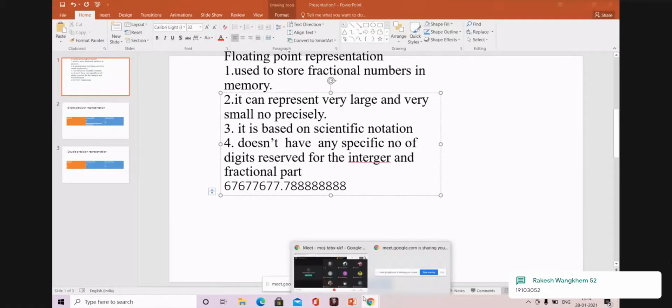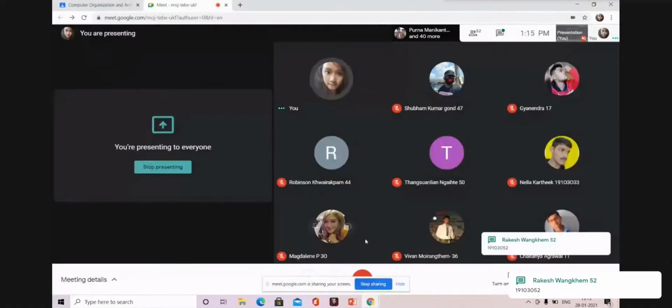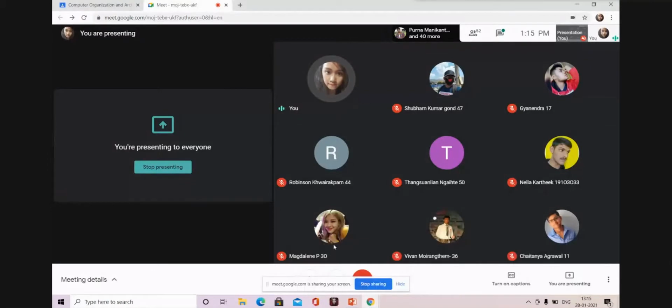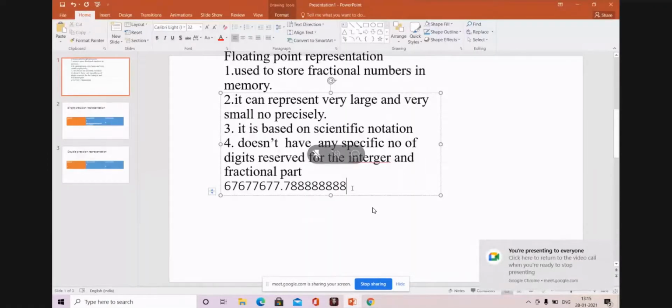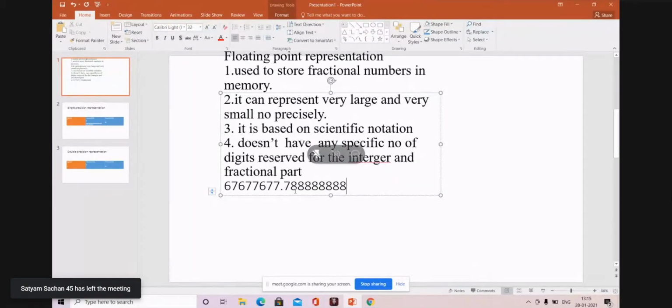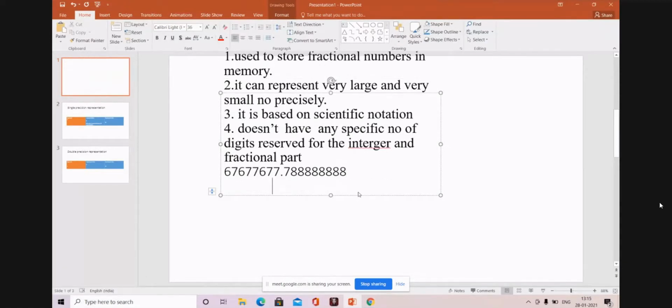It does not reserve a specific number of digits for the integer part as well as for the fractional part. If it is a fixed point, by the name itself you can have some idea: there should be some reserved space for the integer and for the fractional part. Suppose plus 99 is the maximum and minus 9 is the minimum, with a fixed number of digits for the integer as well as the fractional part in fixed point.